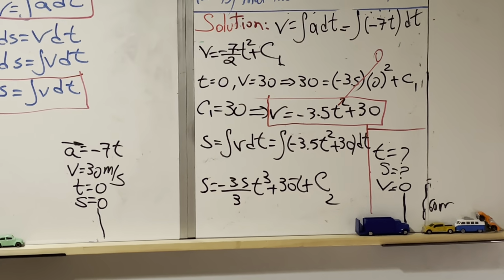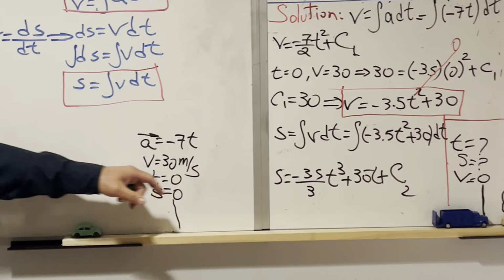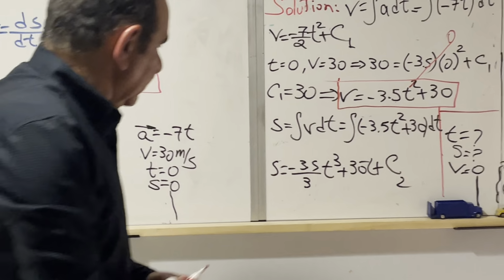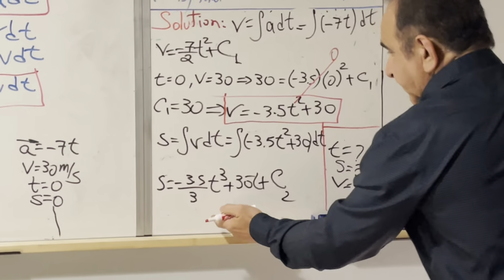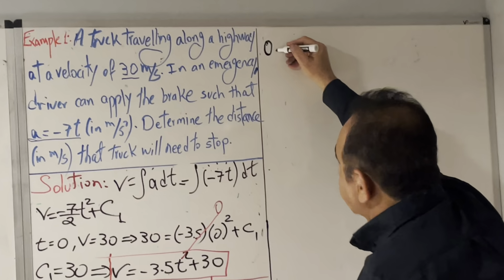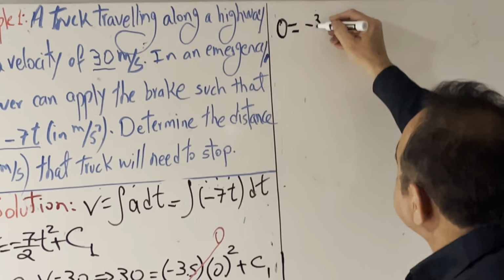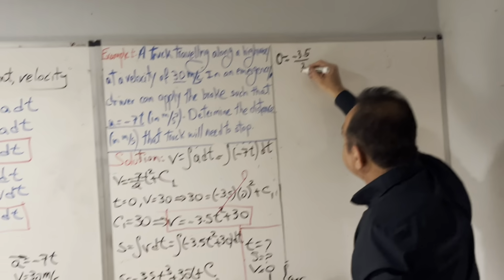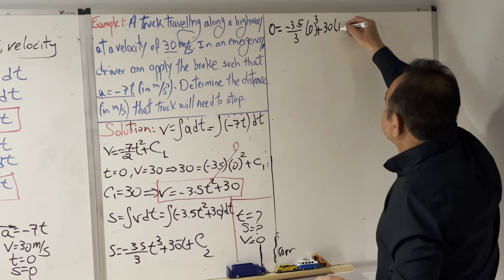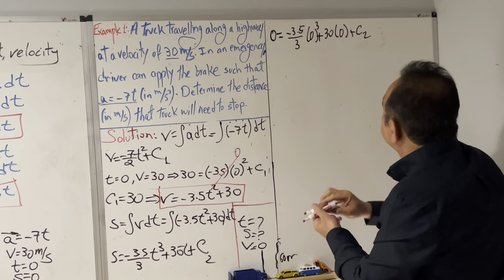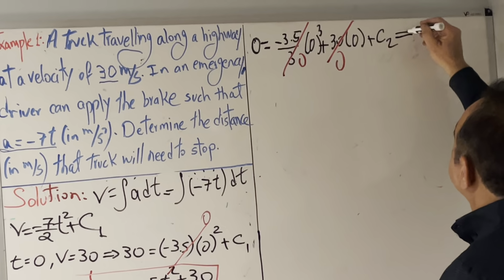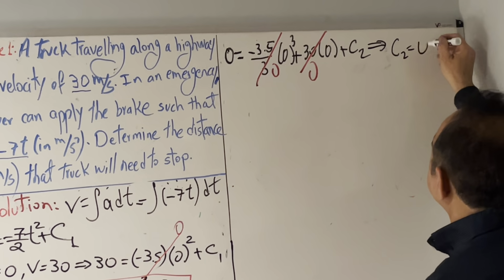This is the equation of displacement, but we need to find the constant of integration. We will go back to the initial information that we have here. Displacement 0 at time 0. We apply these two values in the equation. Displacement 0 is equal to minus 3.5 over 3 times 0 cubed plus 30 times 0 plus C2. Here is 0, here is 0, then C2 is equal to 0.